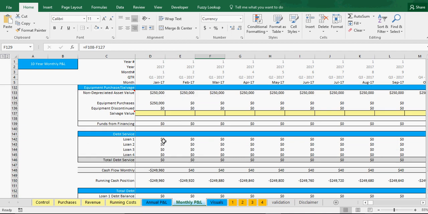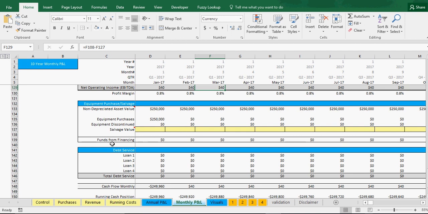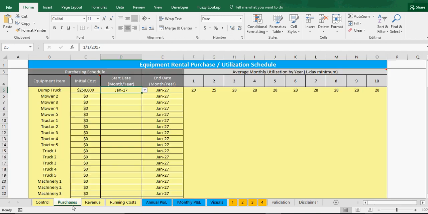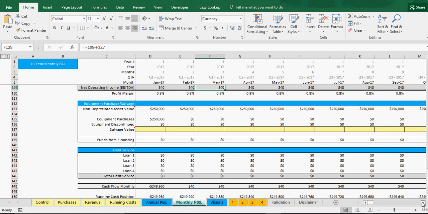And then here is the important part. We have row 133, which is non-depreciated asset value. So this is taking into account all equipment purchases, all equipment that has been discontinued, which means if you put in the end date, and let's say we do it in 1 year just to show you the functionality, you can see right there it popped in, it closed it out January of 18 as a minus.